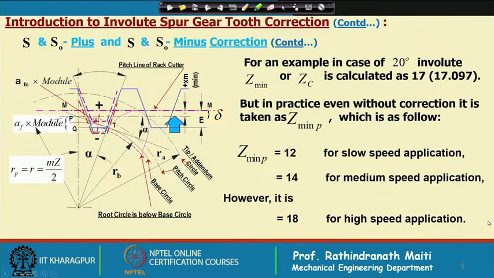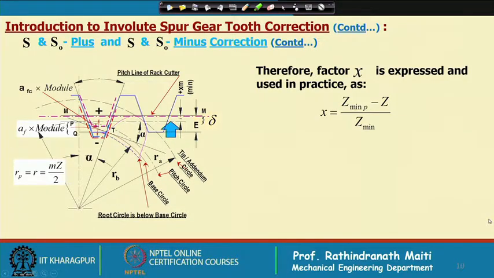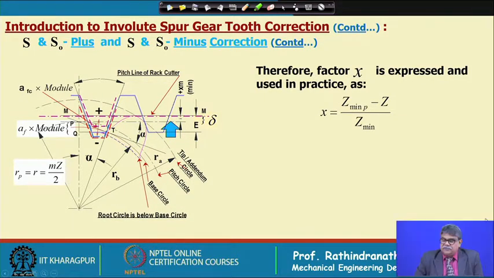Now, let us see what will be the teeth number or correction factor. Therefore, factor x is now expressed in practice as Z minimum practice minus Z, divided by Z minimum. This Z minimum, in case of a 20 degree involute, will be 17.